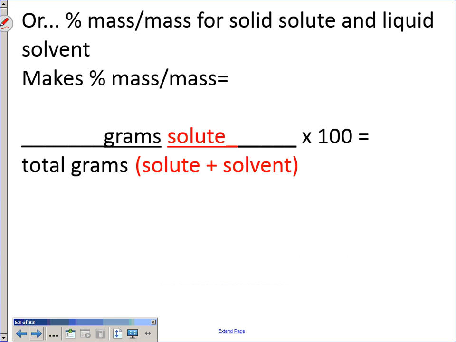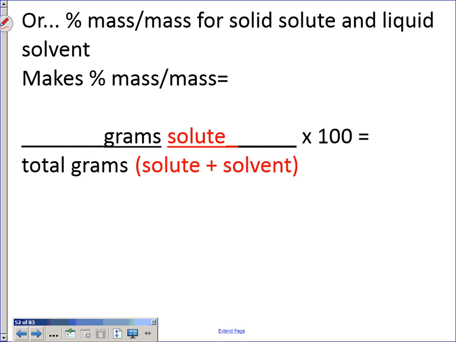I don't have an example up here, but I'll take some questions on Monday if that's a question. But the units are determined by whether it's saying by volume, by mass, or by mass volume. So just use those units. The units won't cancel, but that's just because it's a percent. It's a ratio.